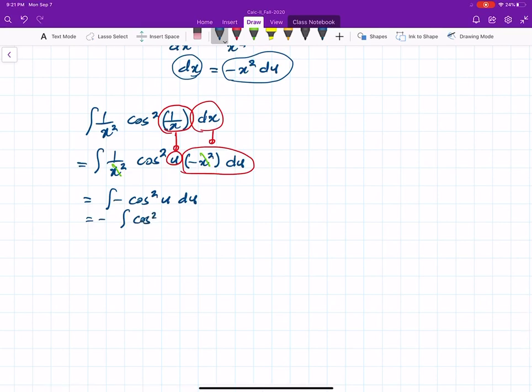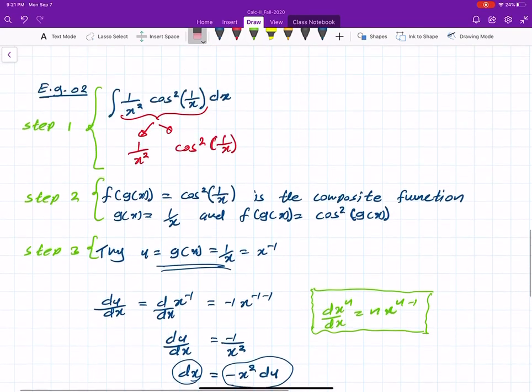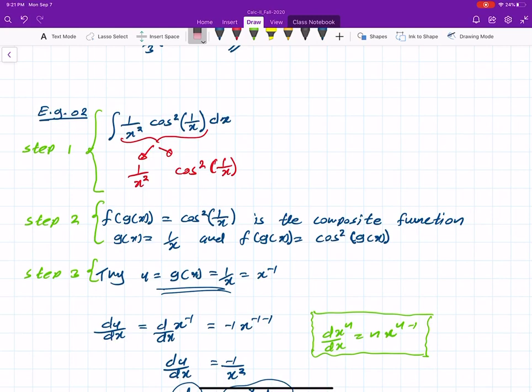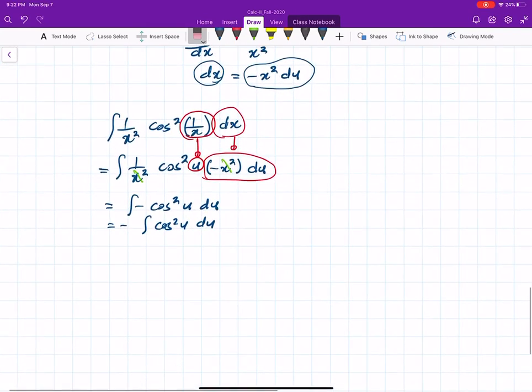You write cos square u du. All right. You had a very complicated problem right here. Now you just simplified that problem into a simple one. So the simple version of that problem is right here.